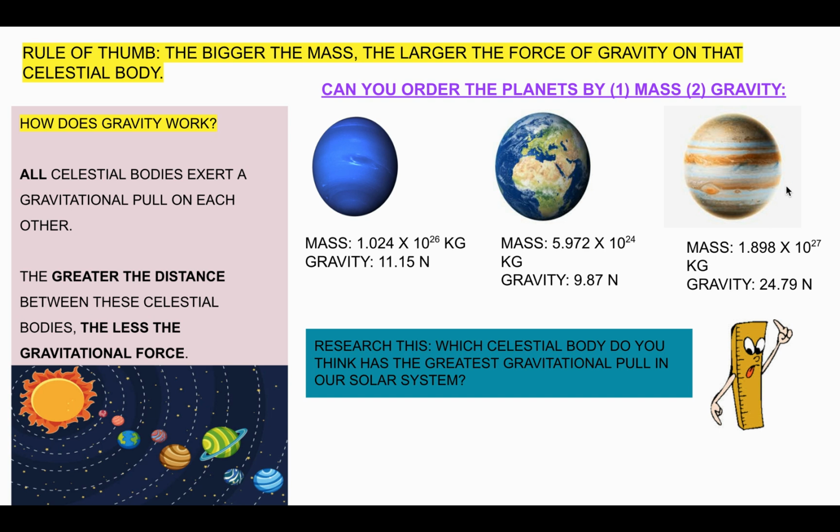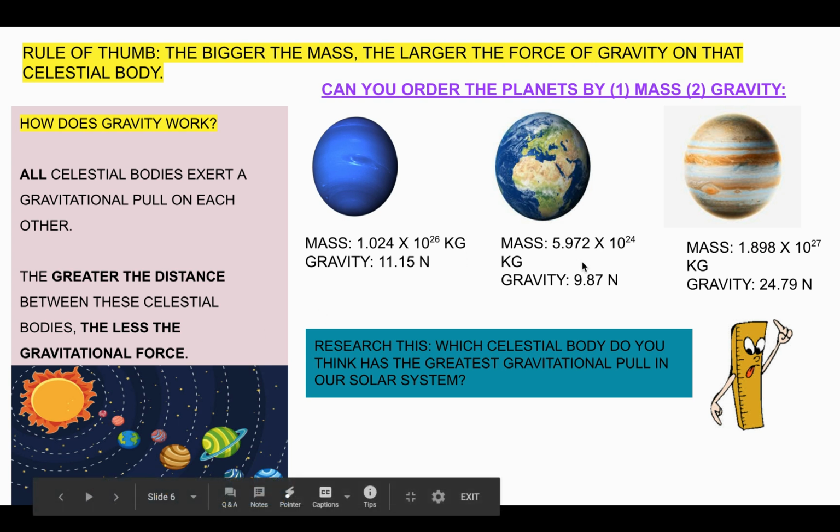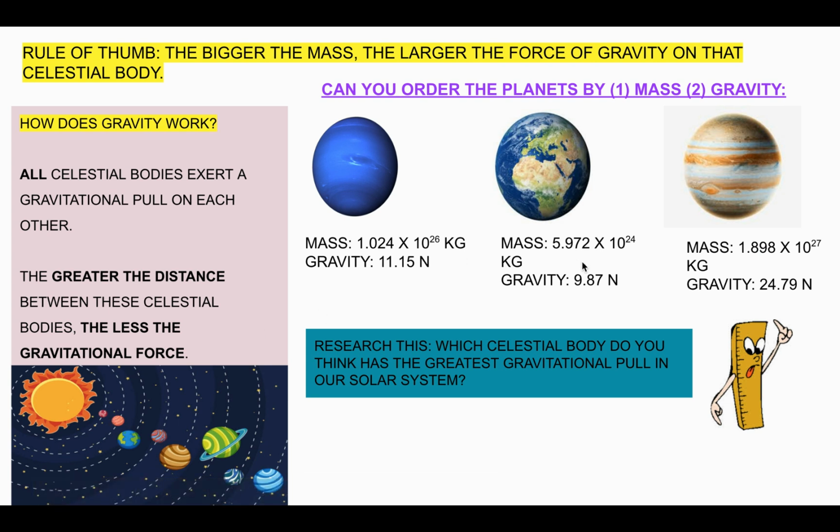So the biggest planet here is planet 3, and it also has the biggest gravity. The second biggest planet here has 10 to the power of 26 compared to 10 to the power of 24. This is the second biggest planet, and lo and behold, it has the second biggest gravity. So Earth is the third planet here, which has the least gravity of these three planets.